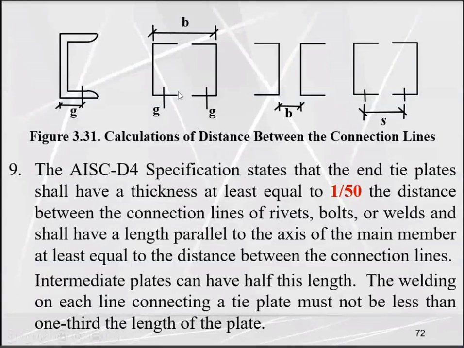Here, actually, the G value for any channel section is fixed, and you can consult the LRFD manual for this value. I have already shown you some tables in tension member design. This G value is a function of the width of the flange, and these charts are also available in the LRFD manual.